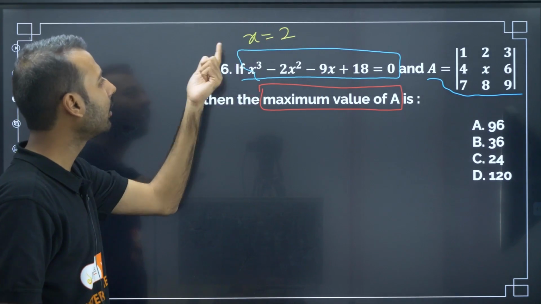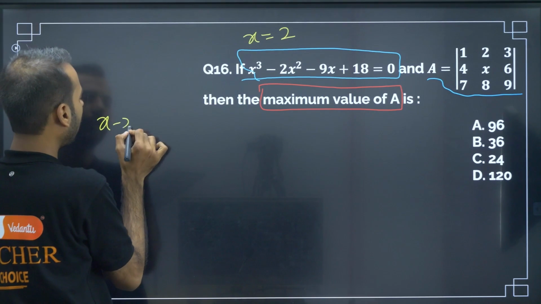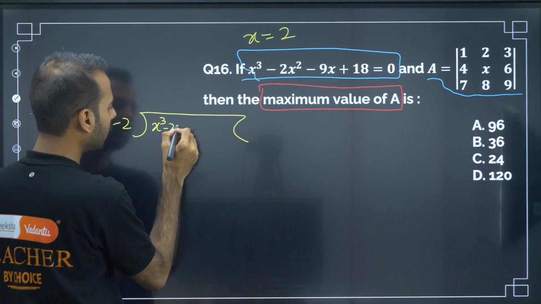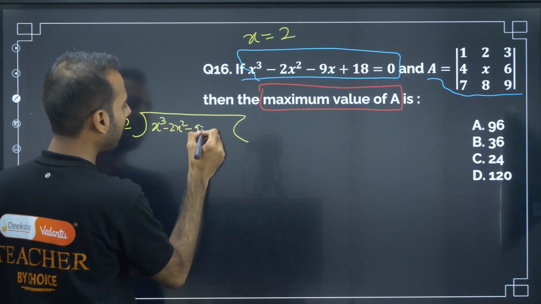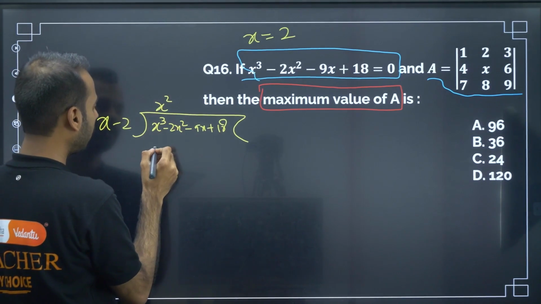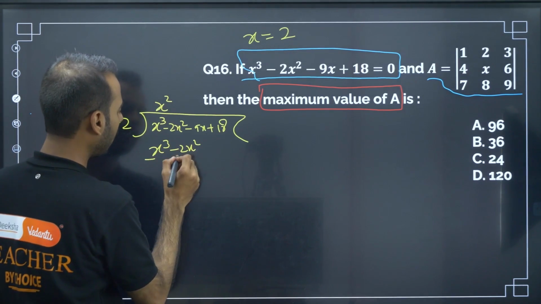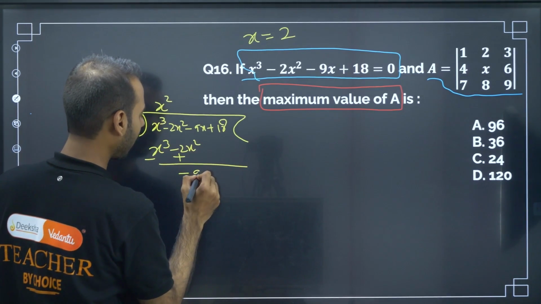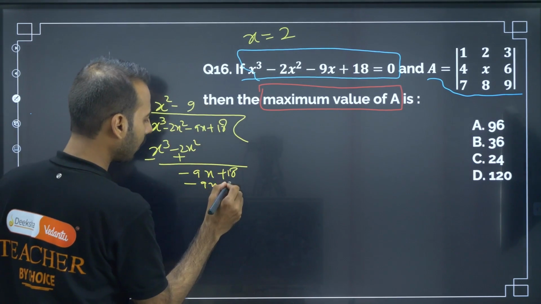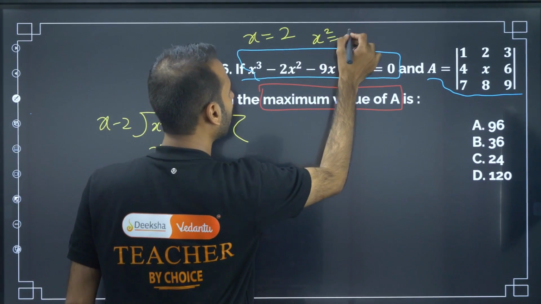Next, if I divide x cube minus 2x square minus 9x plus 18 by x minus 2, I will get x square minus 9. So here x square is equal to 9.